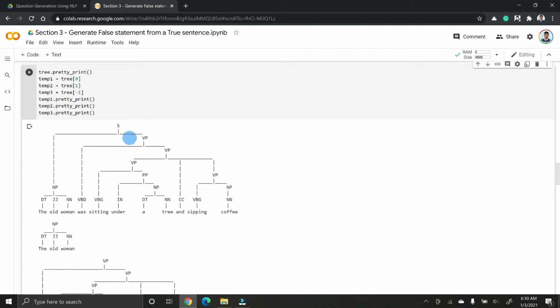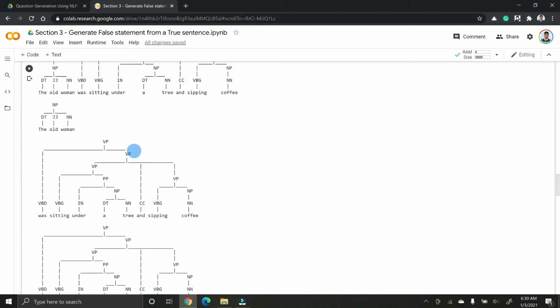So within the tree, if you just take the first element, you get back this thing. So if you just print out tree of 0th element, which is temp1, you get back this tree, the old man, and the first element is this thing.